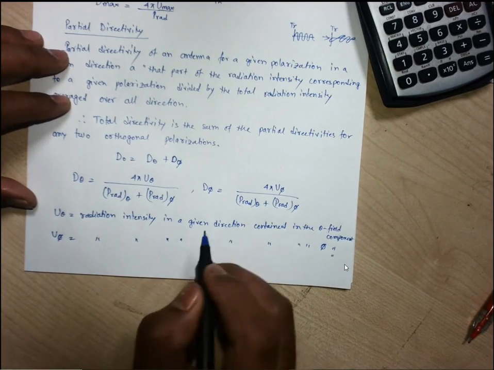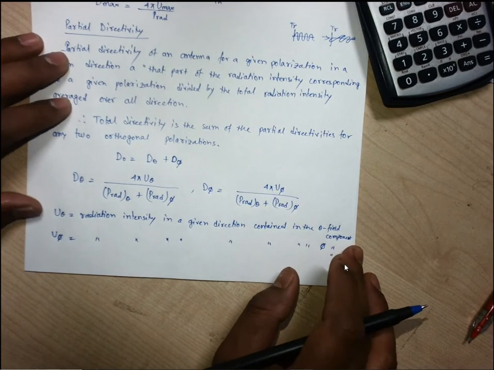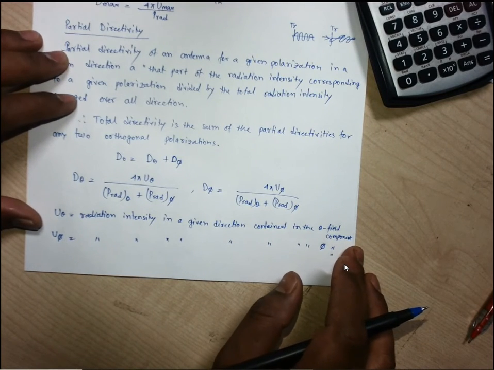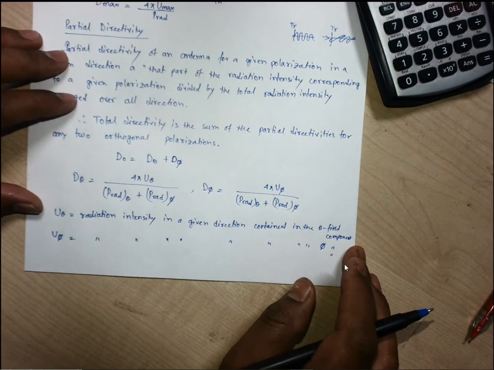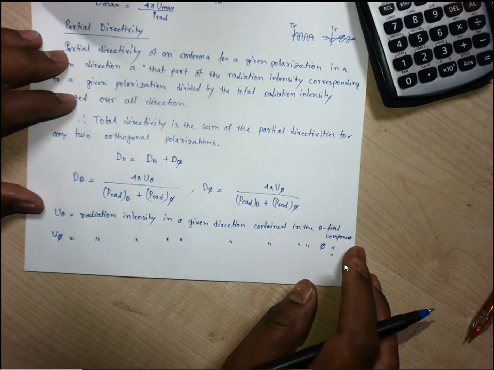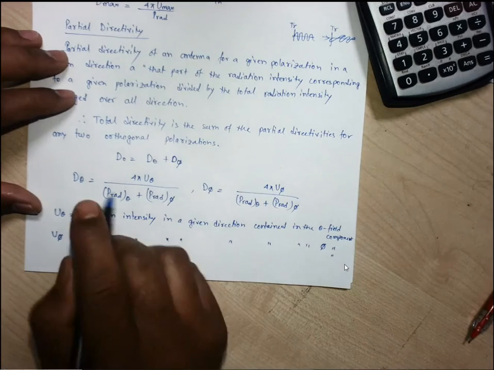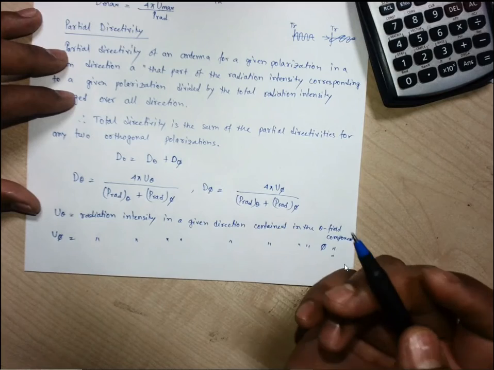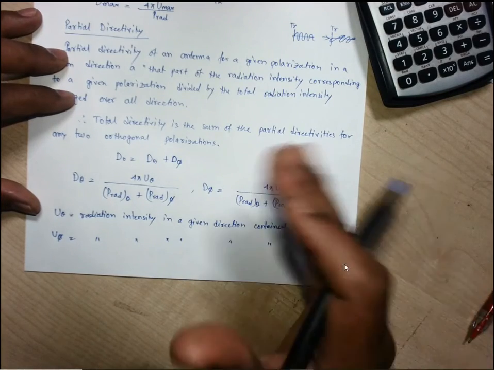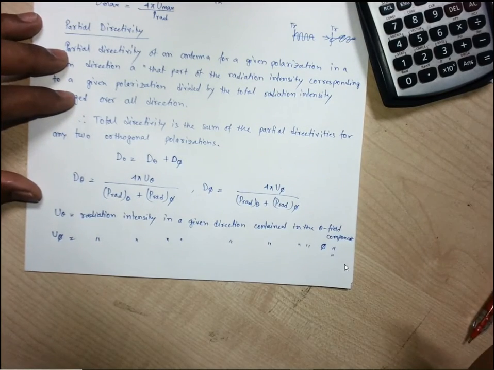So this P rad theta is the radiated power in all directions contained in the theta field component. Same, P rad phi is the radiated power in all directions contained in the phi field component. So this P rad is the radiated power in any direction, but it is due to the theta field component. This P rad phi is the radiated power in any direction, but it is due to the phi field component.